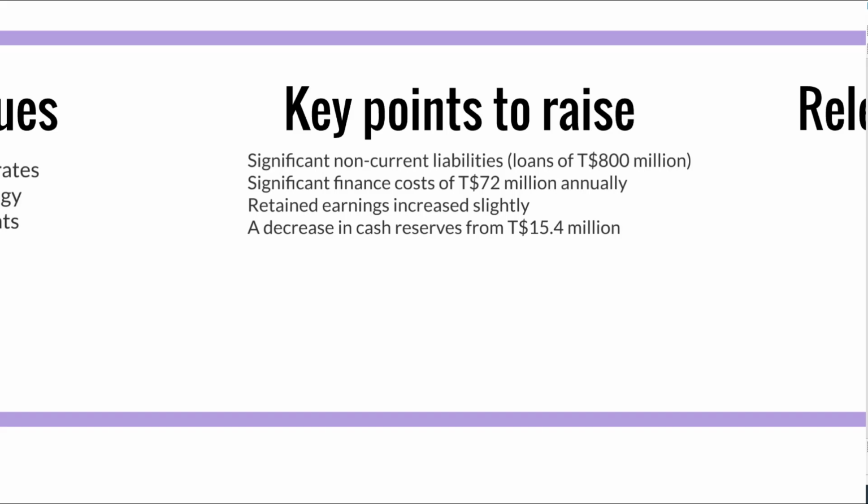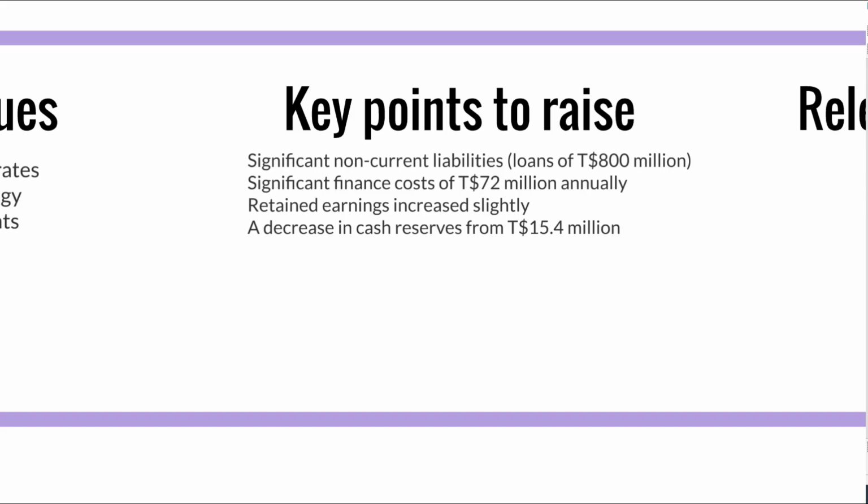Because finance costs are taking up a significant portion of operating profit, obviously that means it's important for Shinyglas to manage that debt efficiently in order to avoid eroding shareholder value. Number 3 is retained earnings. Now, they increased slightly, so even though there's high finance costs, we know the company's been able to retain some profit, but we don't know whether this would be sustainable in the long term.